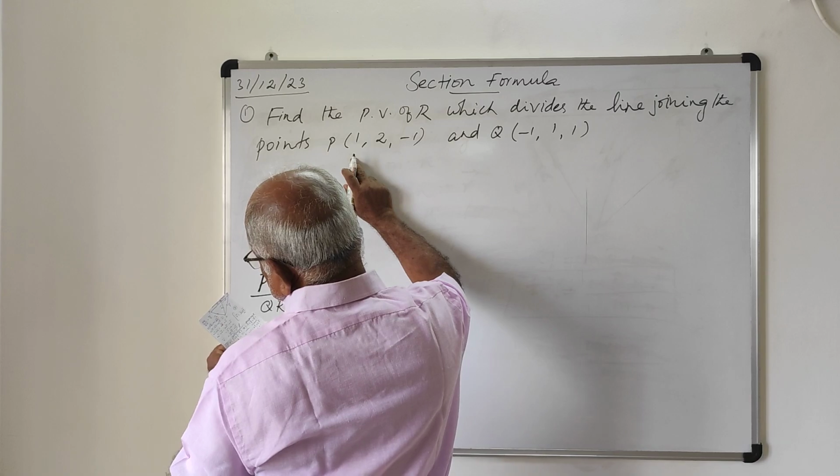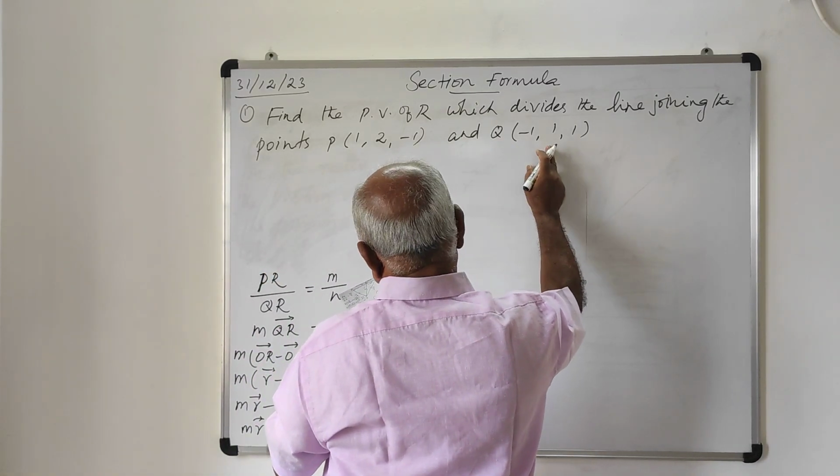So the point P is 1, 2, minus 1, and the point Q is minus 1, 1, 1.